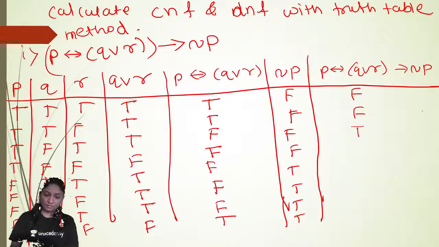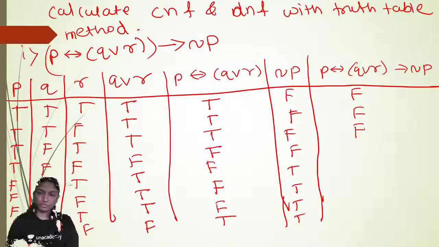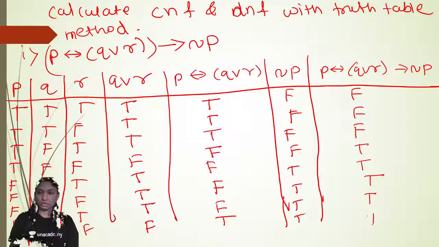You will get here FFT. P double implies Q or R. Here is T. So therefore here TF is F. FF T T T T T.